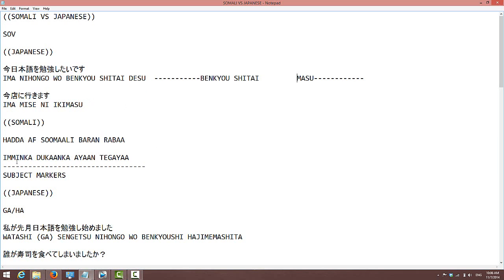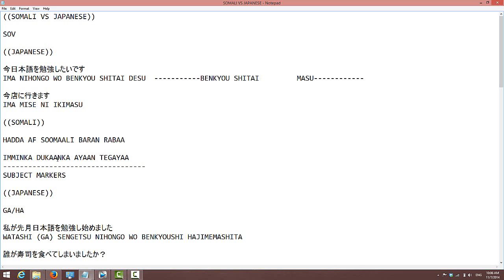Now let's look at the second example. Iminka dukanka ayan tegaya. Iminka means now. So we have two ways of saying now in Somali. Iminka actually looks like Japanese ima, now that I look at it.